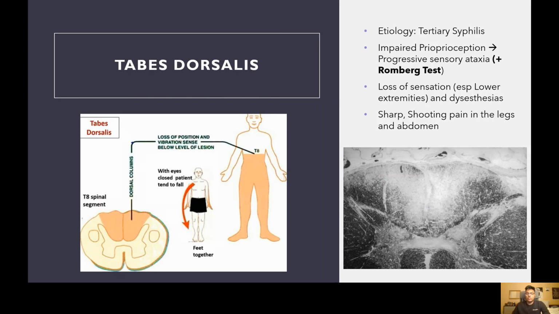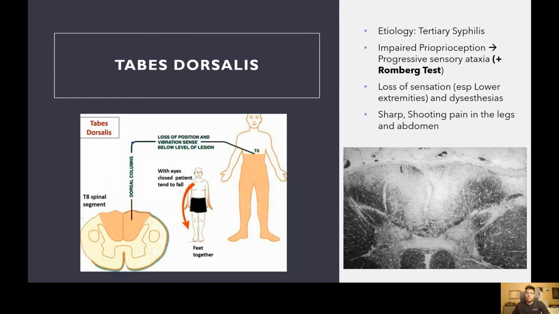Another important etiology to consider is tabes dorsalis. Do any of you remember from your microbiology what this is? This is a condition caused by tertiary syphilis, which is a late stage of infection with Treponema pallidum, which is a spirochete bacteria.